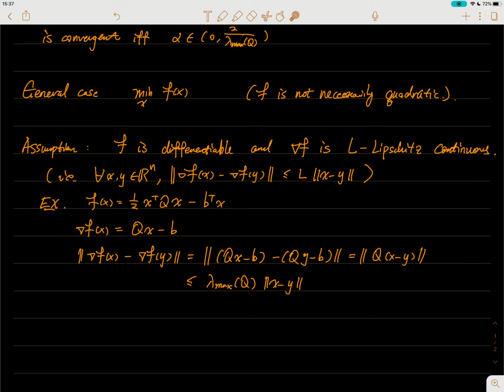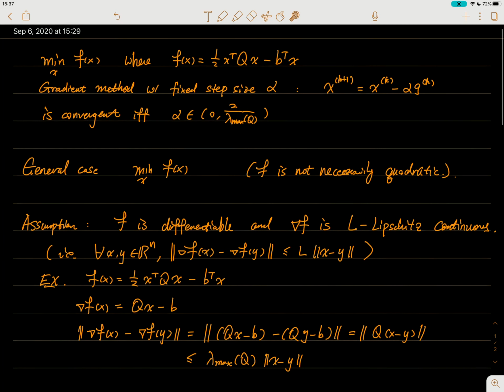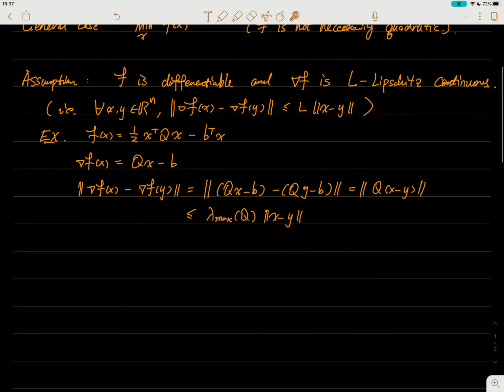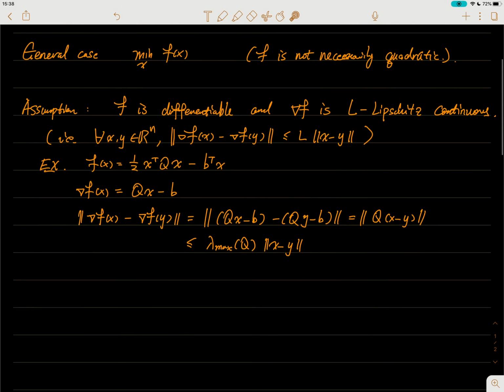And a special case of what we're going to develop is this quadratic function. When the function is actually quadratic, that's a special case of what we're going to prove. Okay, so let's see why for this general function f, the step size needs to be between 0 and 2 over L.